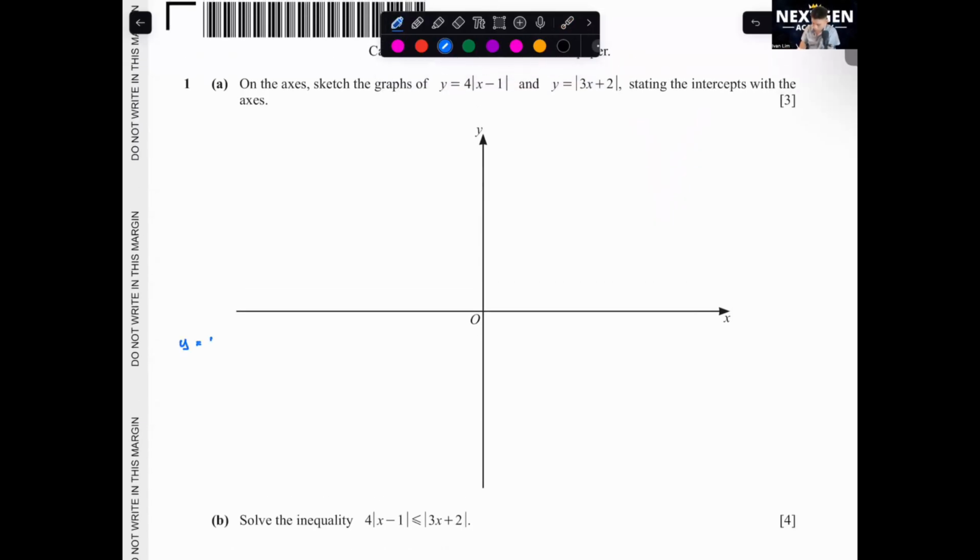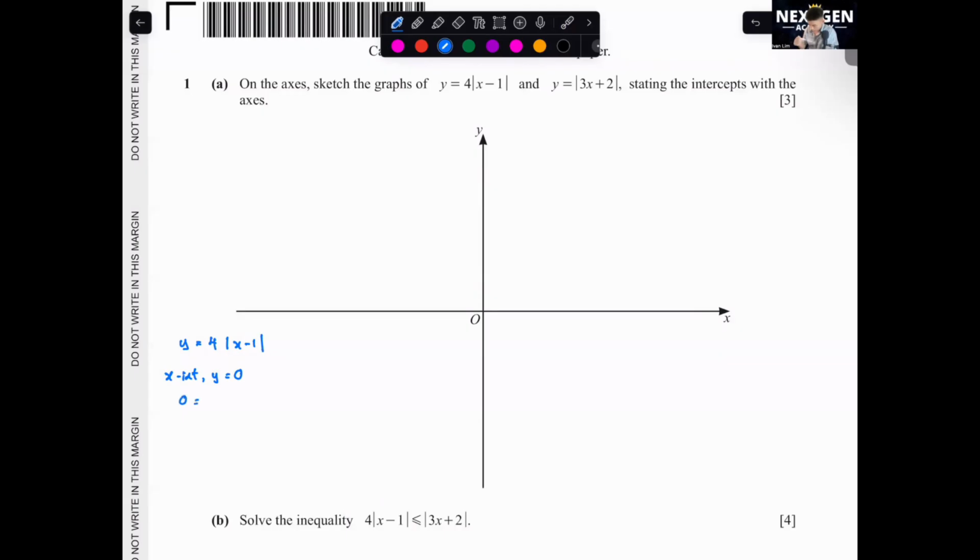So y equals 4 modulus x minus 1. Both of them are V shapes. For the first one, the original graph is going up like this. So we can do the x-intercept: y equals 0.